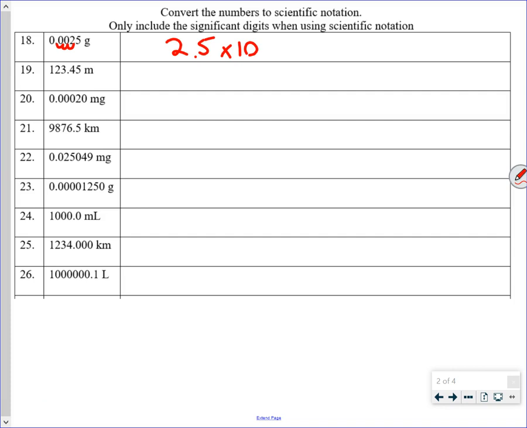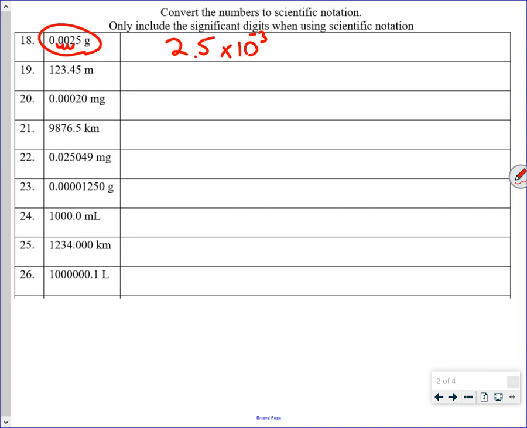My exponent, or my power, should be a 3. And now the question comes in, well, should that be a positive 3, or should that be a negative 3? If the original number is less than 1, your power should be negative. If the original number is bigger than 1, the exponent should be positive.